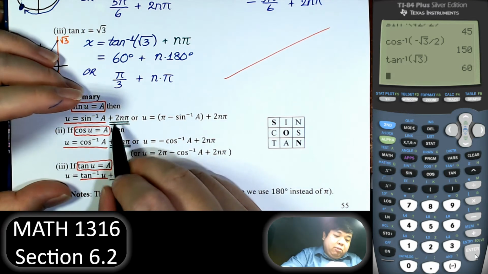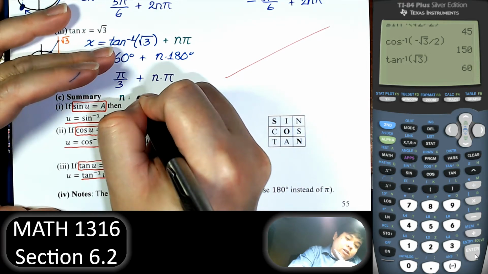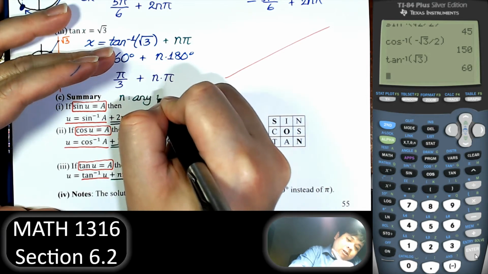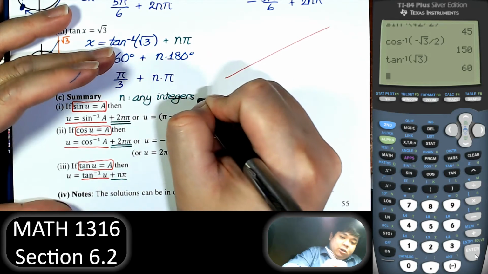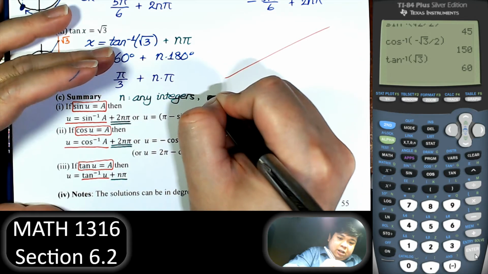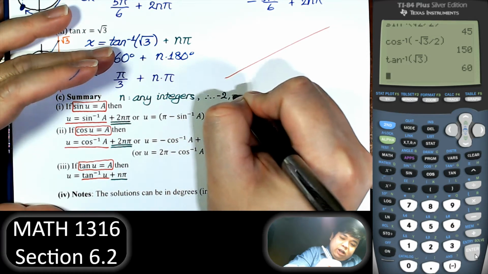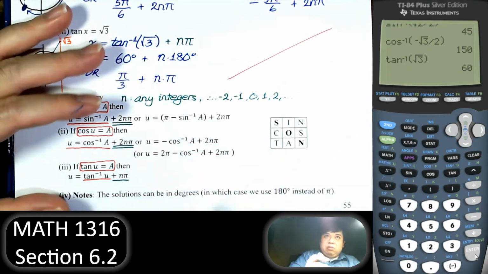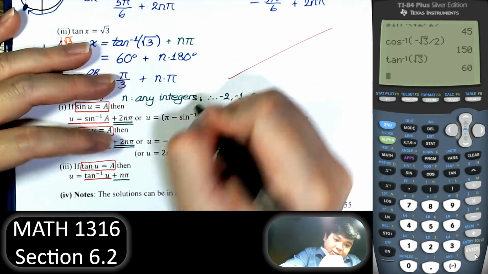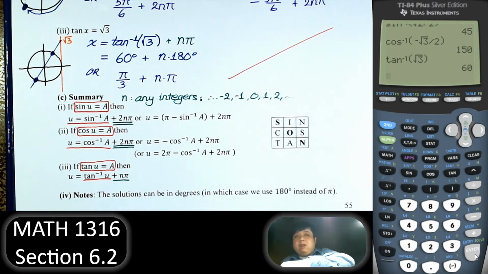So we add 2n pi here, and once again, n will be any integer, and by integers, I mean the set Z. Let's start from -2, -1, 0, 1, 2, those numbers. It can be any of those. So that's the first part of the solution.